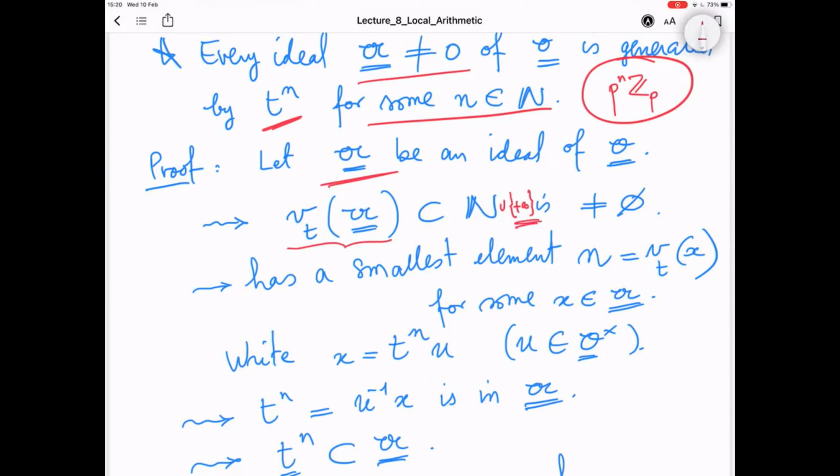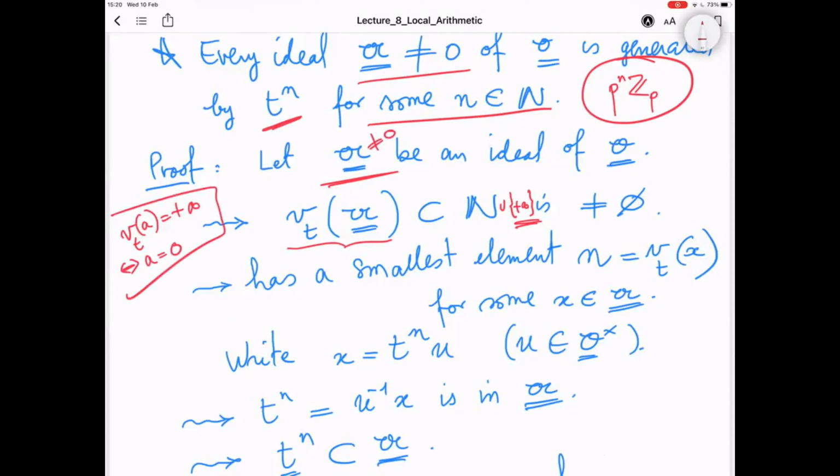The image is not just infinity, because vt of a is equal to plus infinity if and only if a is equal to 0, right? Now, by hypothesis, this ideal A is non-zero.